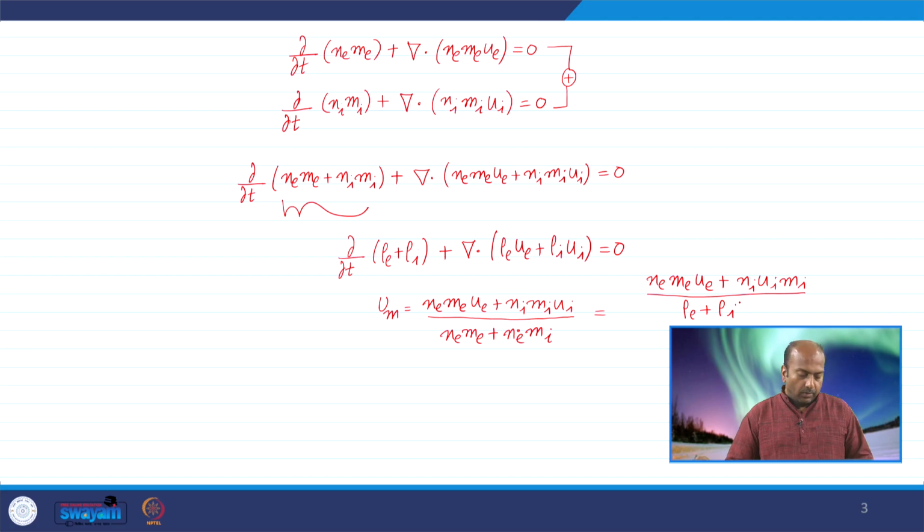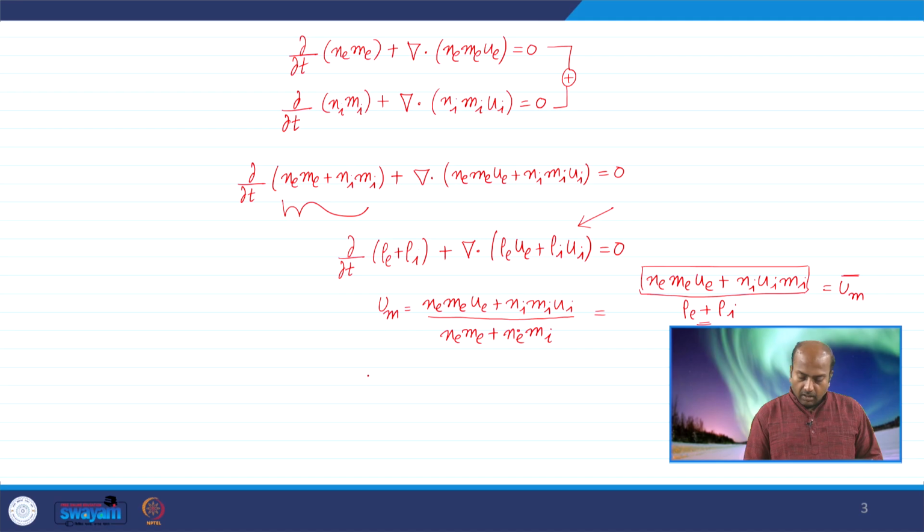Right. So we can use this. This term which is appearing in the numerator is what we have here. So instead of this, a suitable substitution can be made in terms of mass velocity times the total mass density.